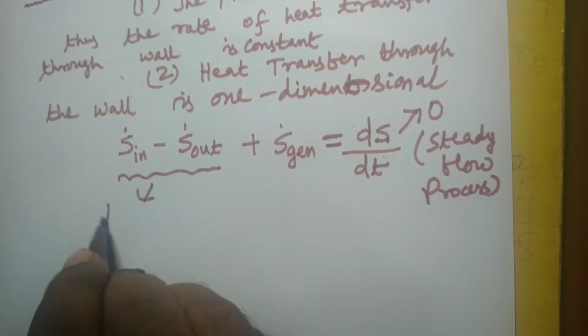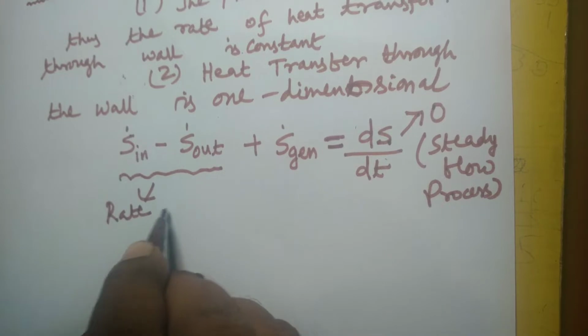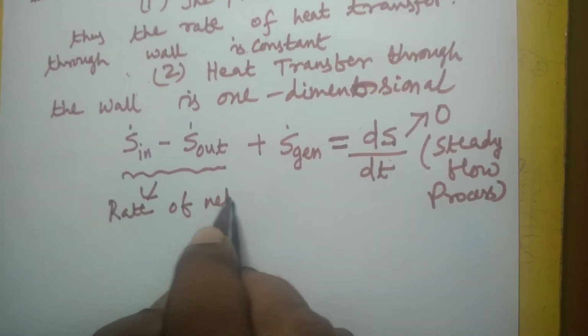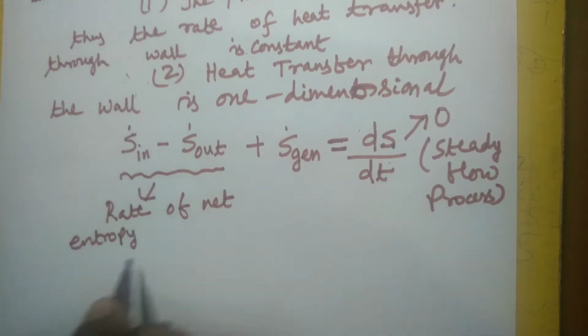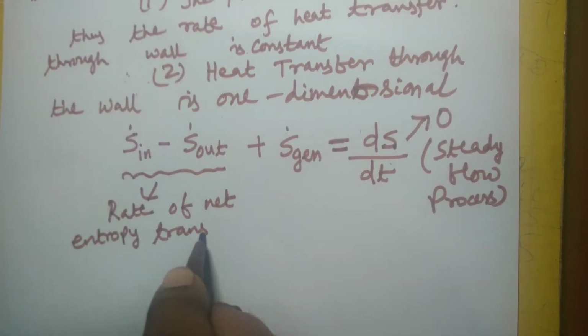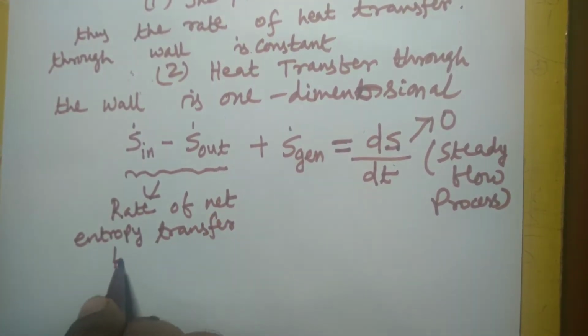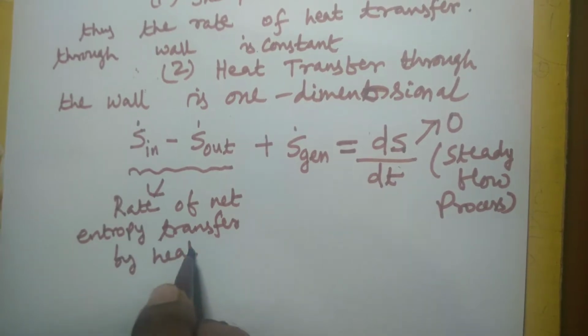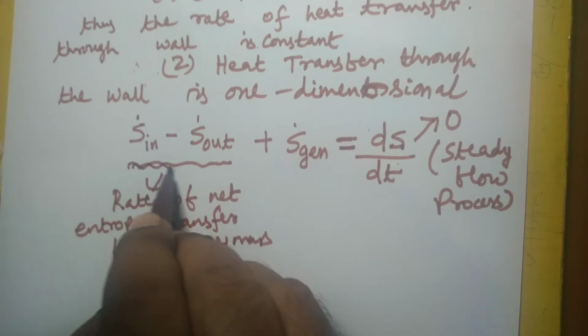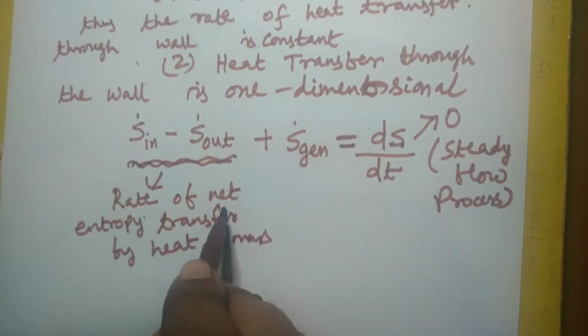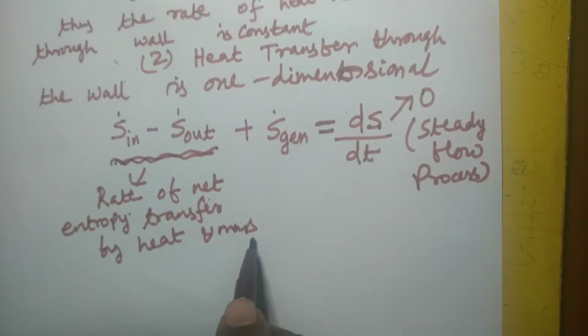This is nothing but the rate of net entropy transfer by heat and mass. In entropy balance, these two terms represent the rate of net entropy transfer by heat and mass.